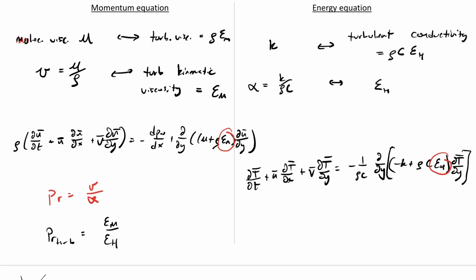But what do we know about the mechanisms of transport in turbulent flow? For molecular properties in non-turbulent flow, like in the case of a liquid metal, you could have really good heat transfer properties and really poor momentum transfer properties. For turbulent flow, what is dominating?